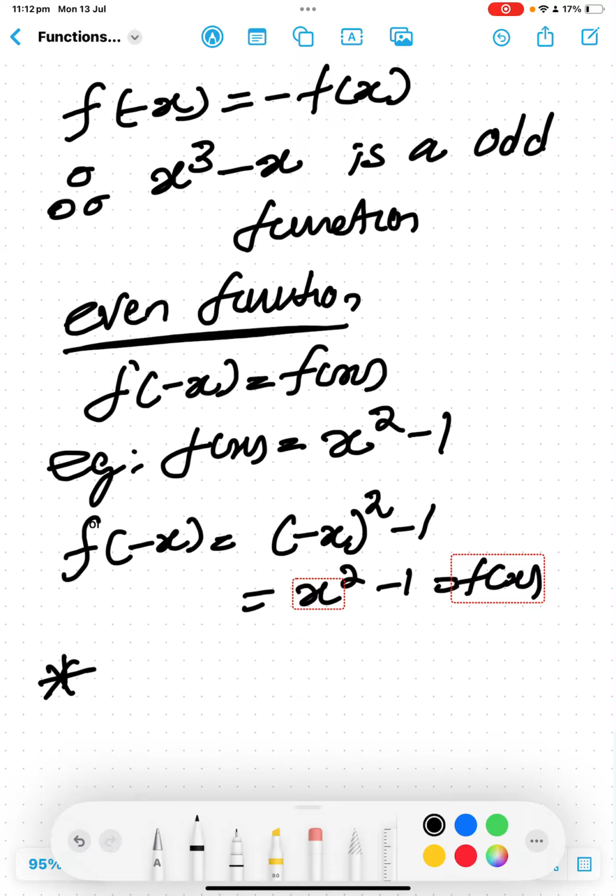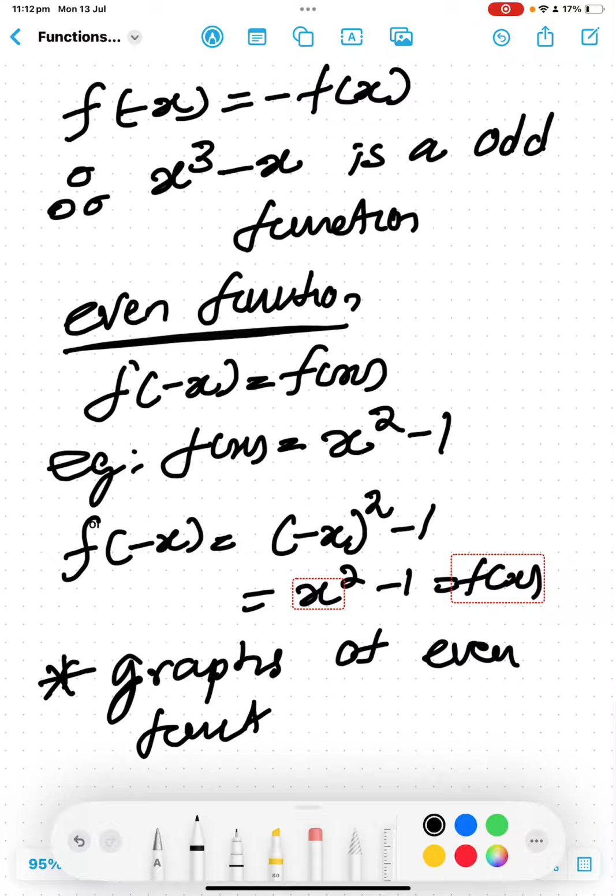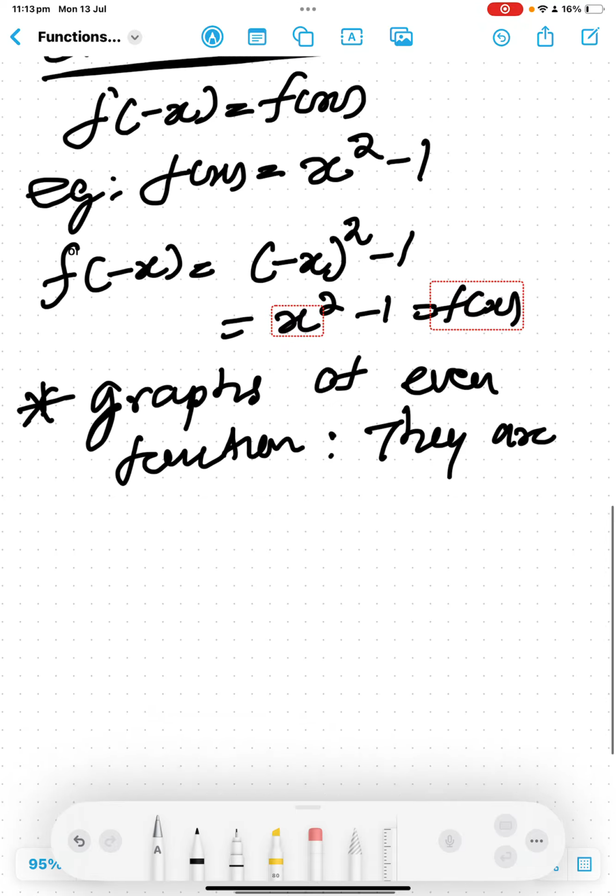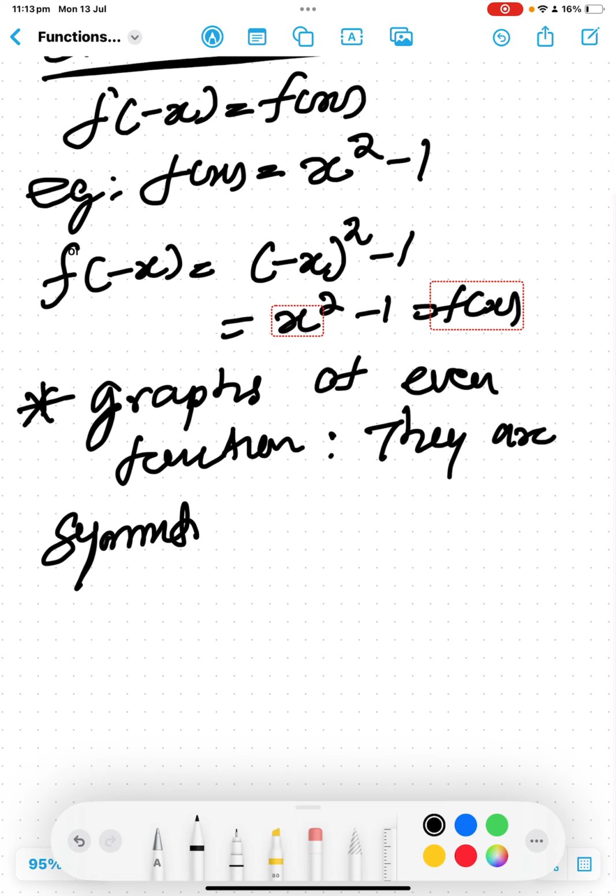So the point to note is, when it comes to graphs of even functions, they are symmetrical about the y-axis.